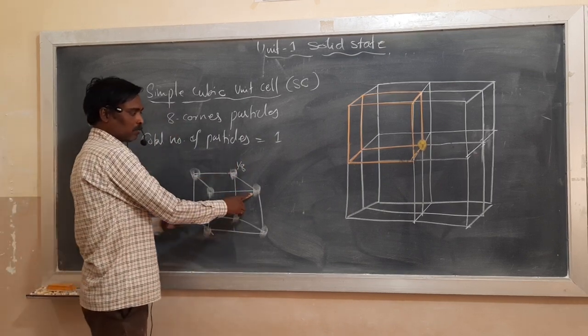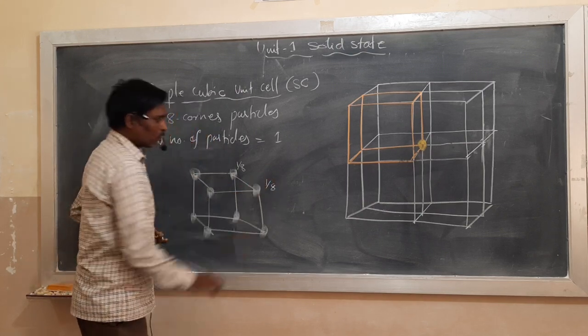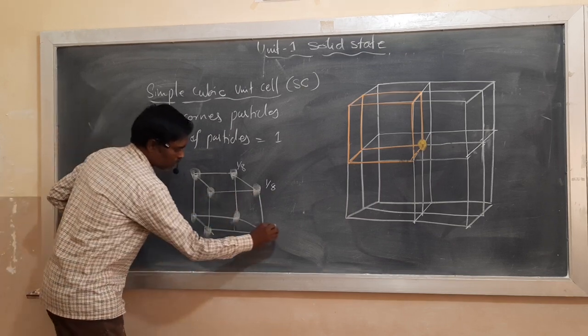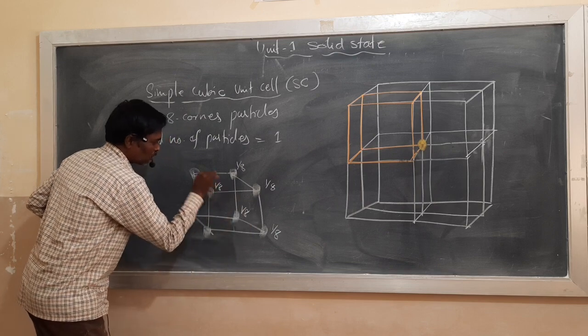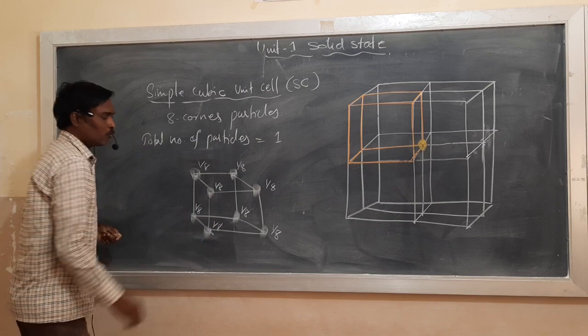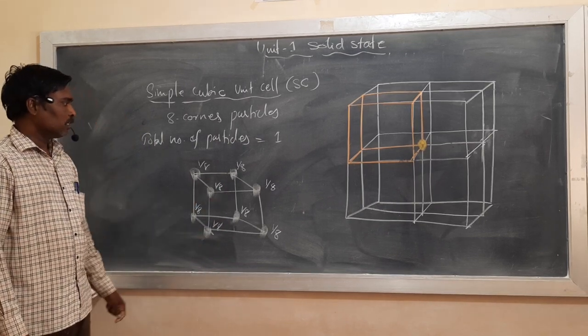Similarly, this corner particle also contributes only 1/8 part of that to a particular unit cell. This also contributes 1/8. This also contributes 1/8. All the 8 corner particles contribute 1/8 part of that to a particular unit cell.